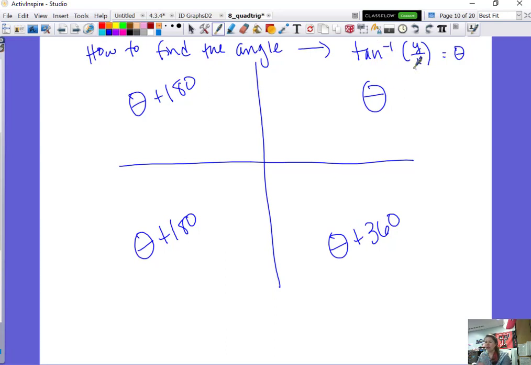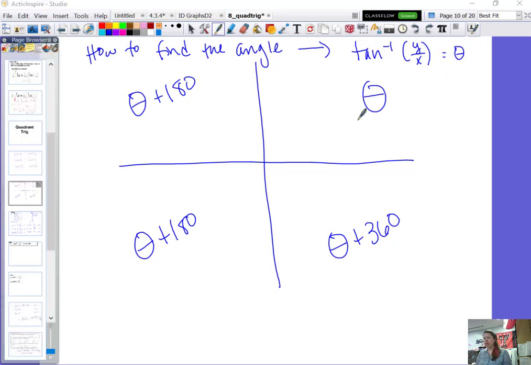Really you can do inverse sine or inverse cosine or inverse tangent, but it helps to have a baseline. We're always going to do it this way: inverse tangent of y over x equals theta.